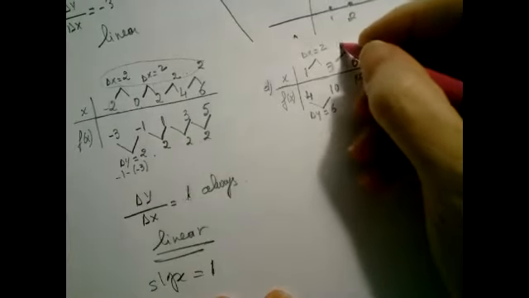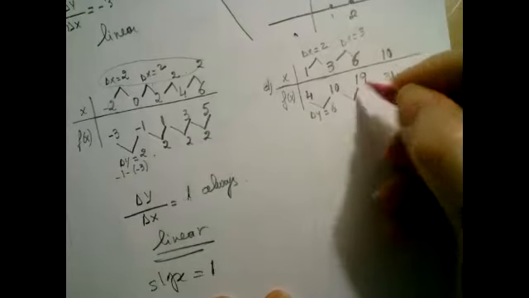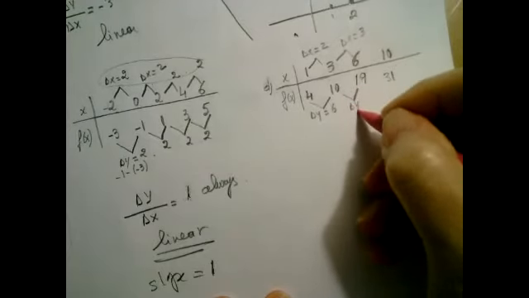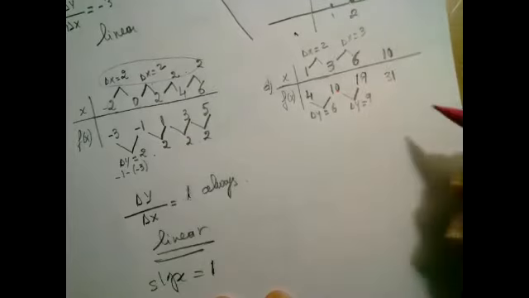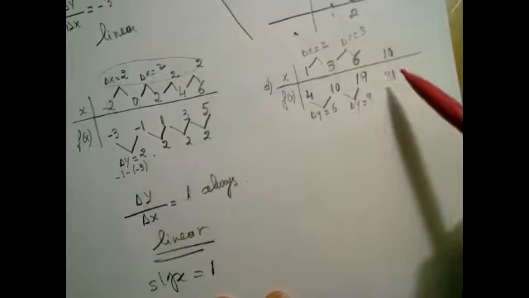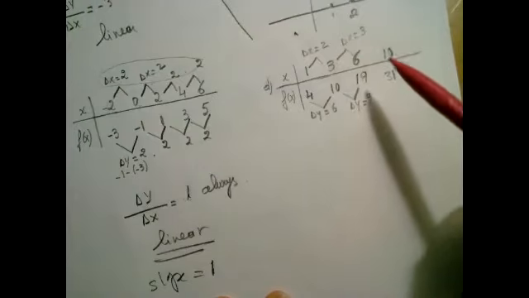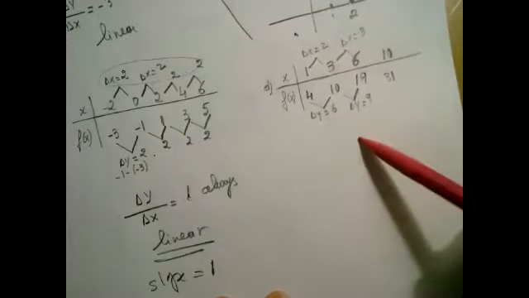Here, x changed by 3, y changed by how much? 19 minus 10, which is going to give me a 9. So in this case, I don't have the same change in x, I agree, but the question is the slope, is the rate the same?